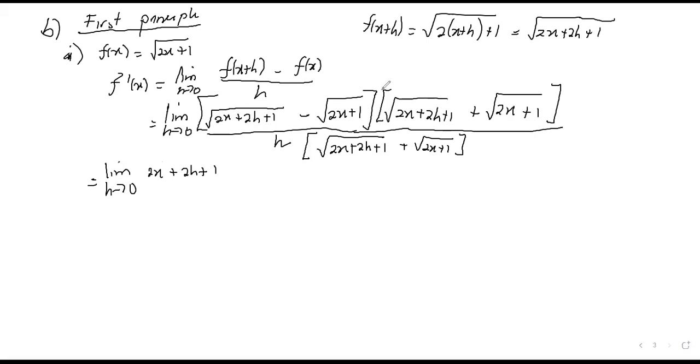Then, again, when you multiply, we are going to have minus 2x plus 1, so we can expand it to give us minus 2x minus 1.